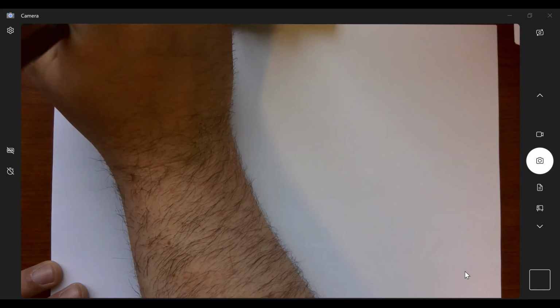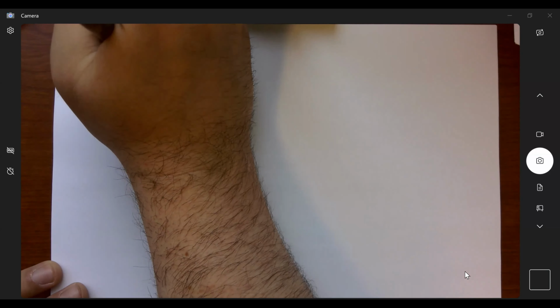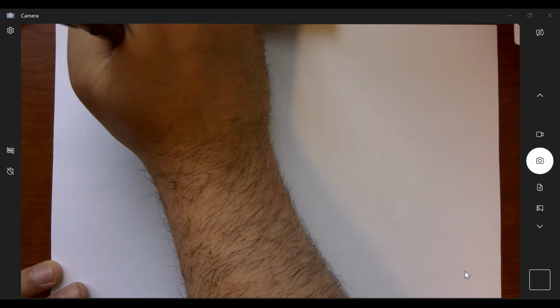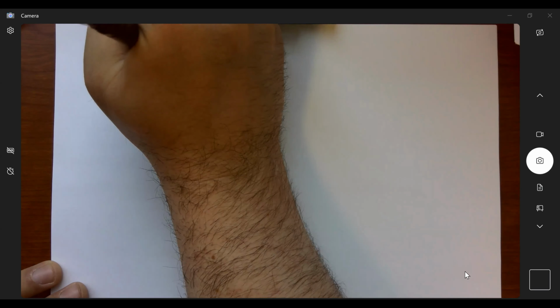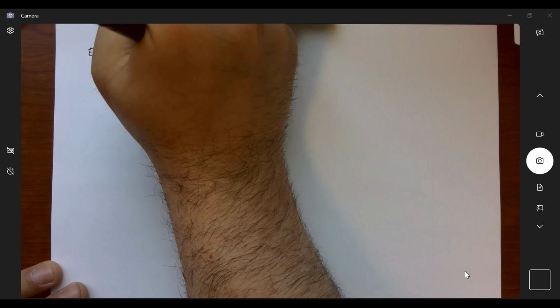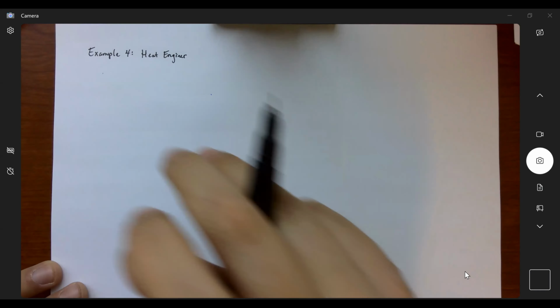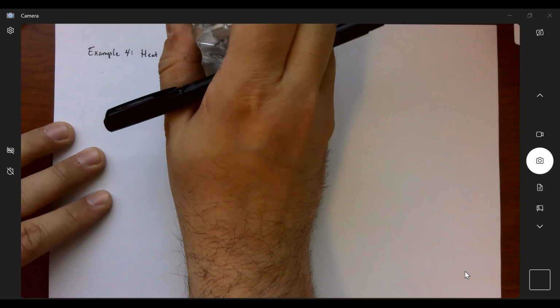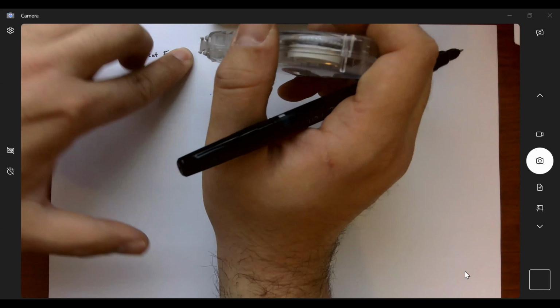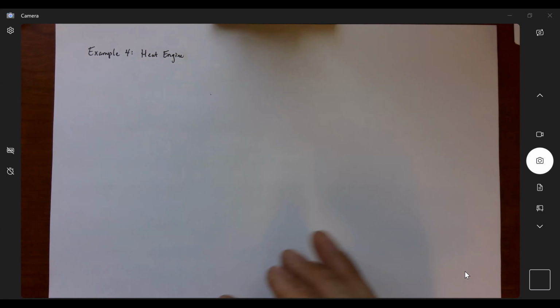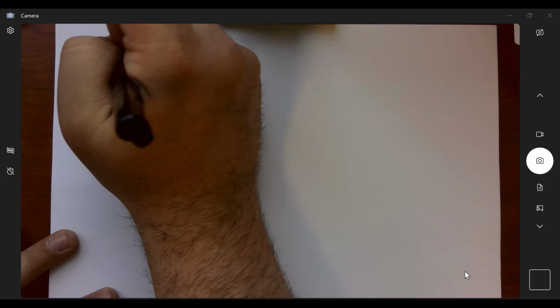Okay, so for the last example, we're on example 4. And this will be an example of a heat engine. Engine, not engineer. I don't know why my brain is doing that. Heat engine. Great. All right.